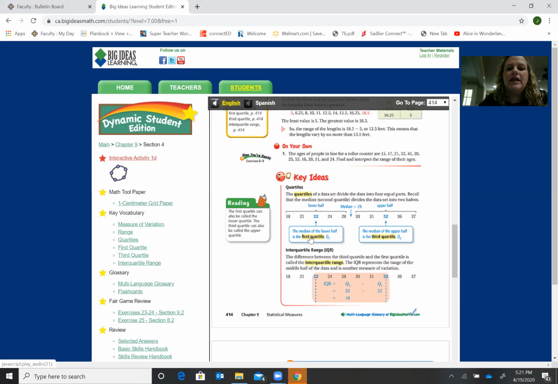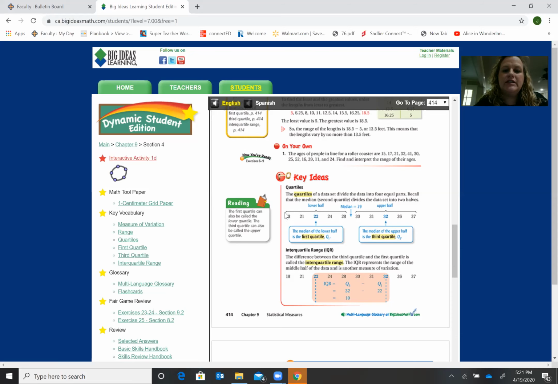So to find the median of the lower half, the first quartile would be 18 cancels 28, 21 cancels 24, and you're left with 22, which is the first quartile median. So 22 is the number that we call the first quartile.